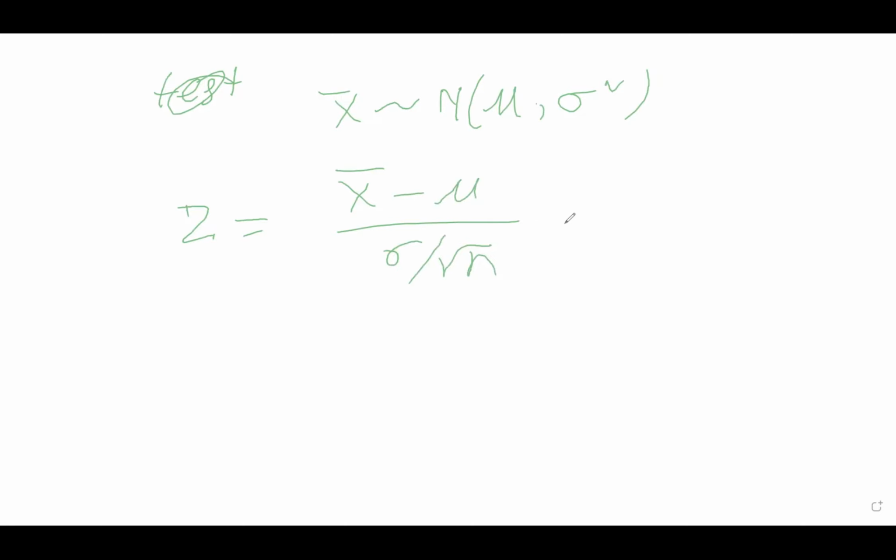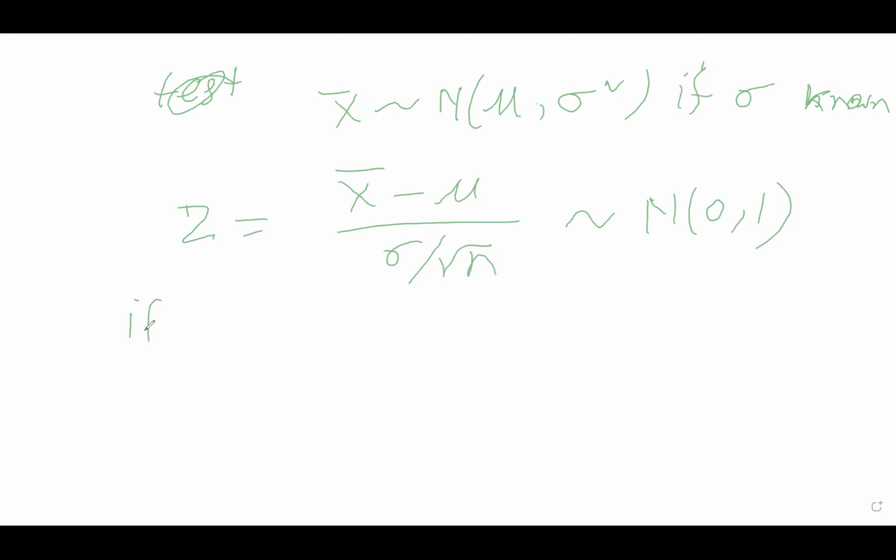This is a normal distribution with mean 0 and variance 1 if sigma is known, because this is the standard normal distribution.